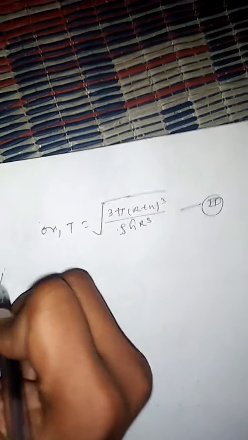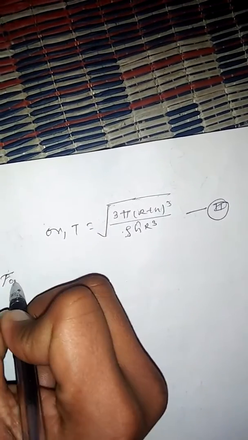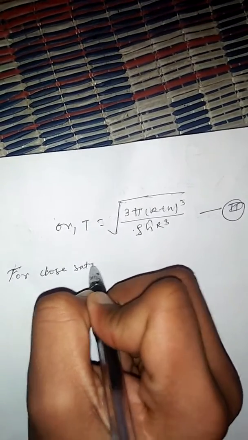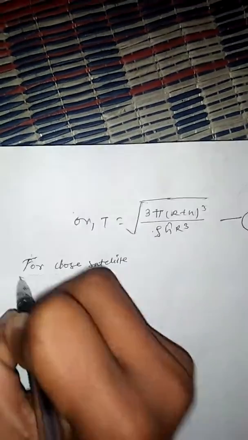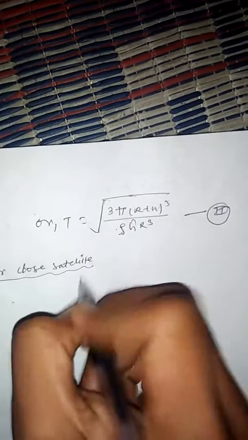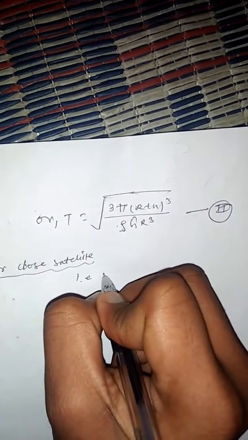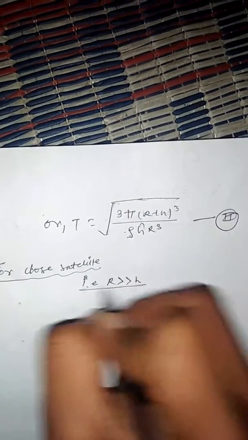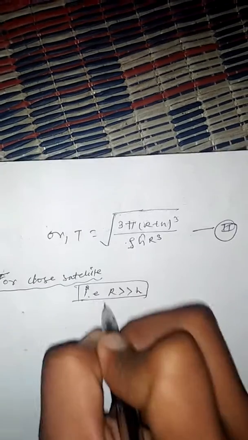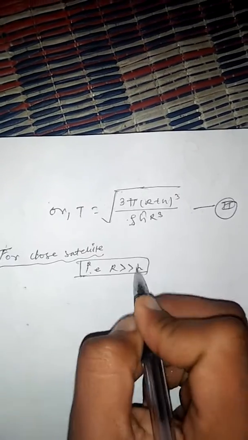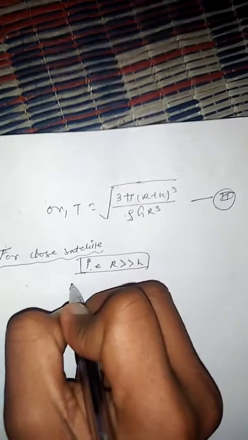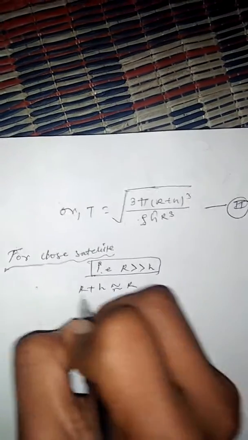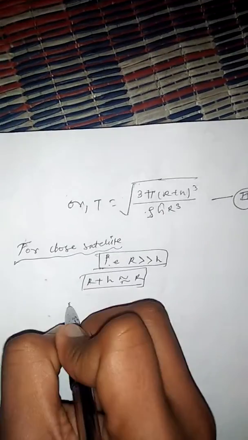Now, what is the time period for a close satellite? That is when the radius is much larger than the height of the satellite from the earth's surface. At that condition r plus h becomes very close to r.